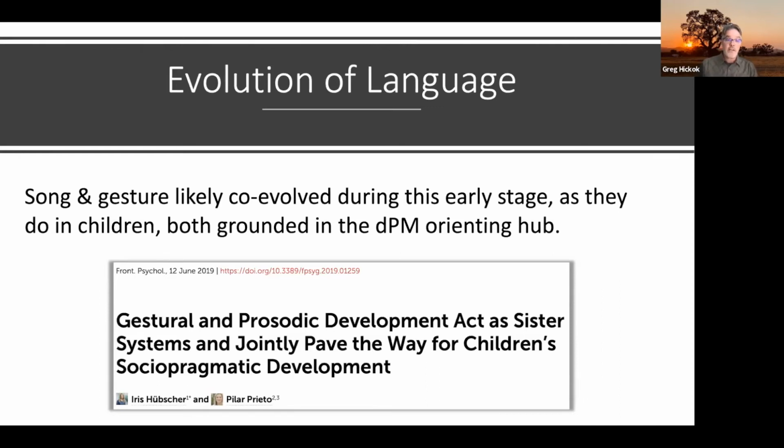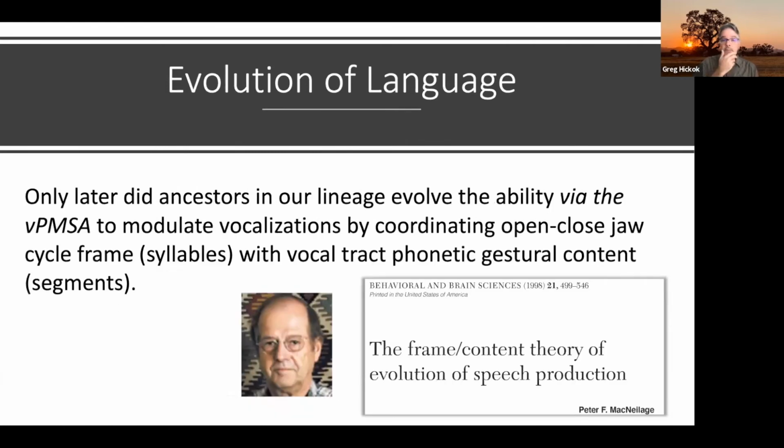We do gesture and we do have song-like prosody as remnants in our own language ability. So the view that I've been promoting today is consistent with some co-evolution during this early stage of language evolution. They do co-evolve developmentally in children. They coexist in our own speech. And all of this, the claim here is that this is grounded in this dorsal premotor orienting hub.